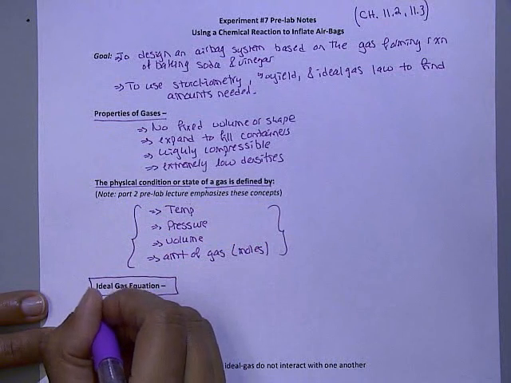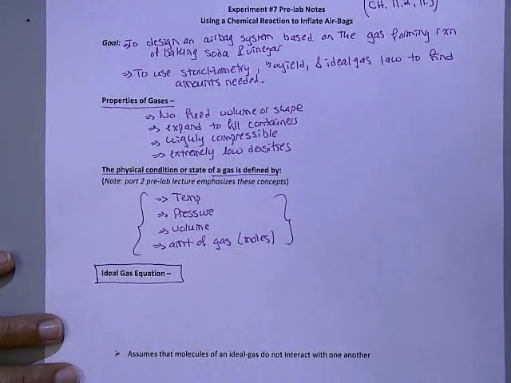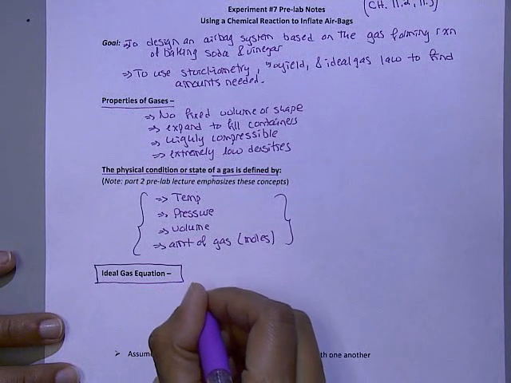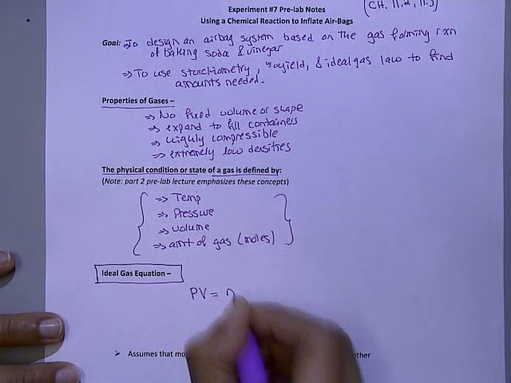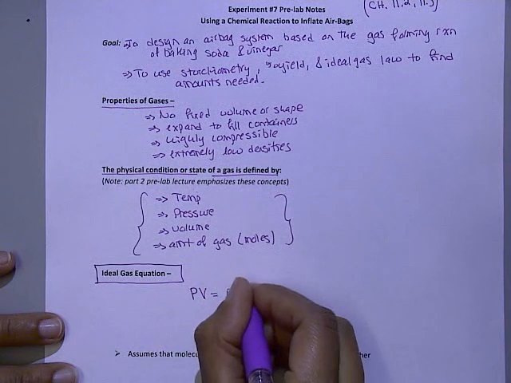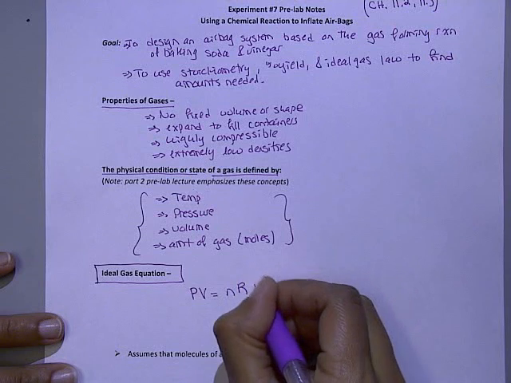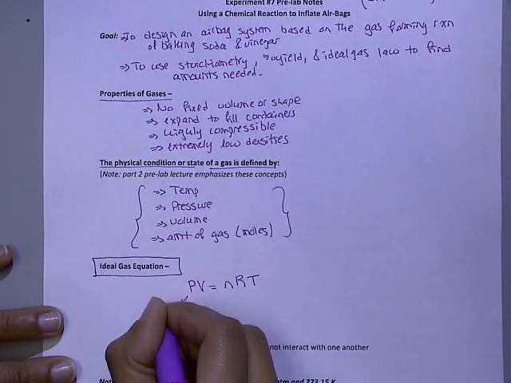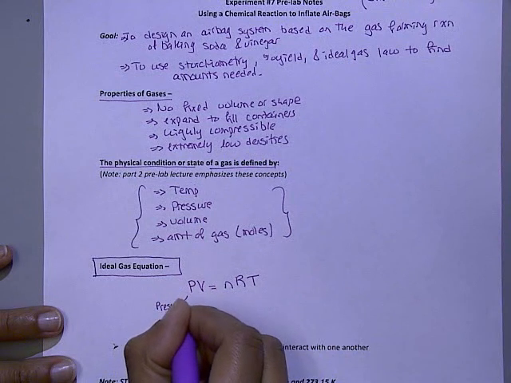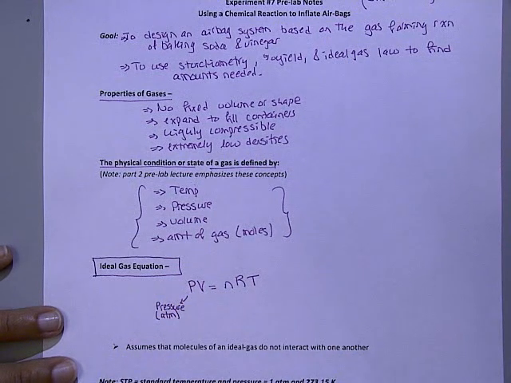So I stated an ideal gas equation. We'll go into the theory behind ideal gas equations in lecture, but to state it for you here so you understand what we're working with, the ideal gas law states that pressure times volume is equal to the number of moles times the ideal gas law constant, so this is a constant, times temperature. So here our pressure is in units of atmospheres, and we abbreviate that as ATM.